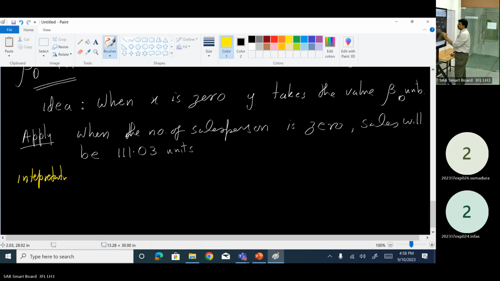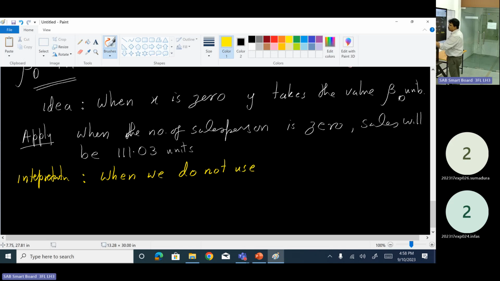Interpretation. When the number of salespersons is 0, what does that mean?